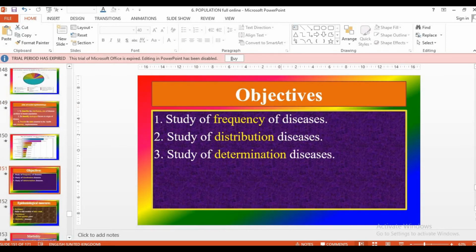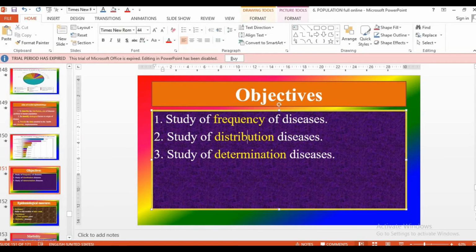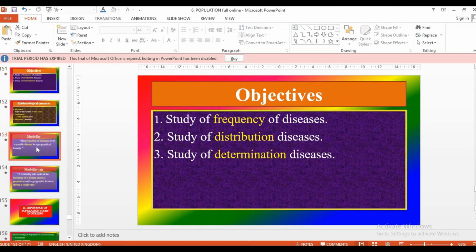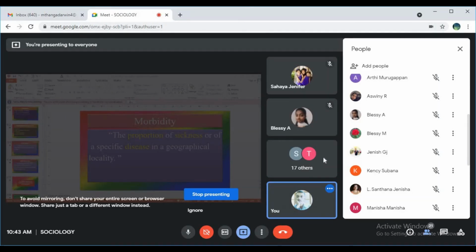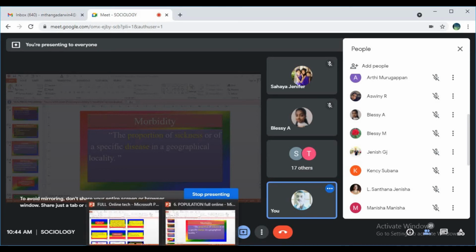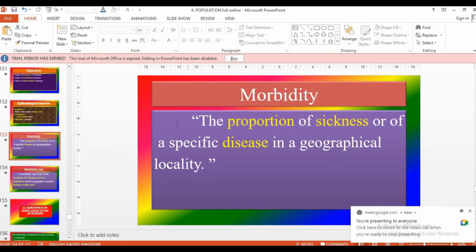Then the objectives of social epidemiology: study the frequency of disease, the distribution of disease, and the determination of disease. Determination means epidemiology, causes. Morbidity is the proportion of sickness of a specific disease in a geographical locality.